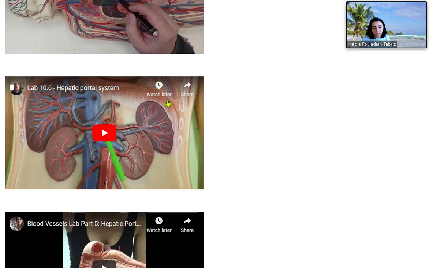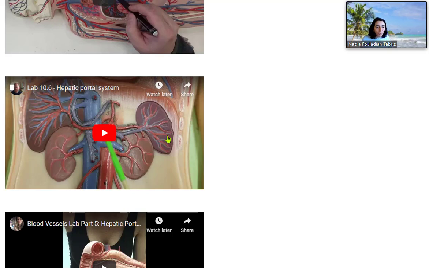So after learning about all these vessels, arteries and veins that are traveling together, you will see that we have some veins that are coming back from the digestive system, after the artery has gone to the digestive system and then they become capillaries.